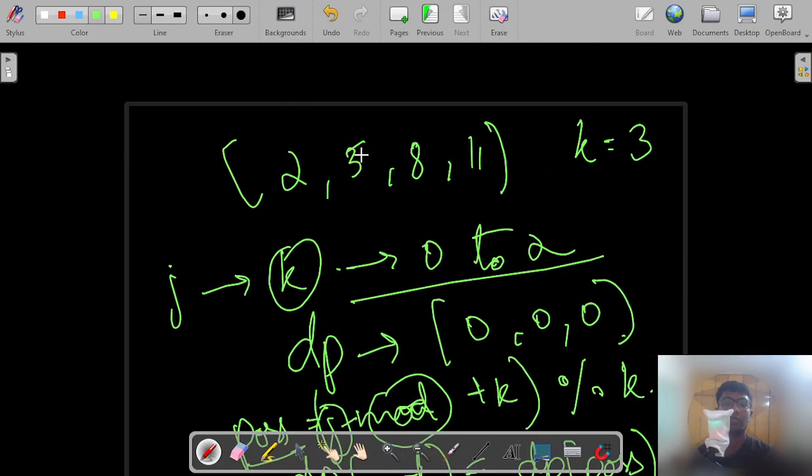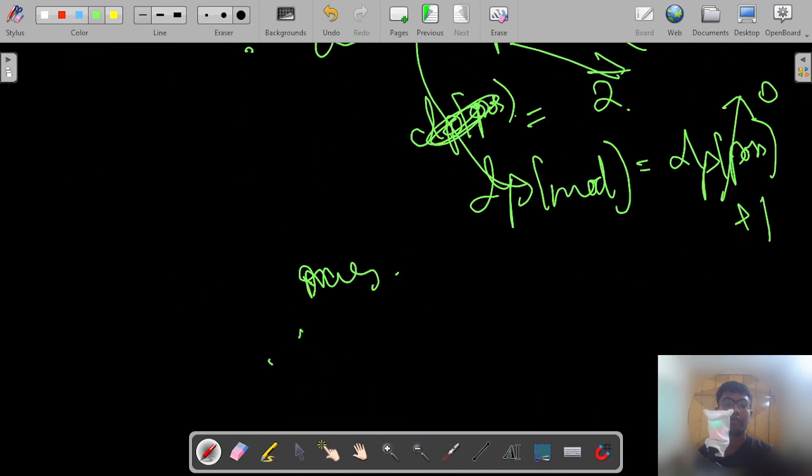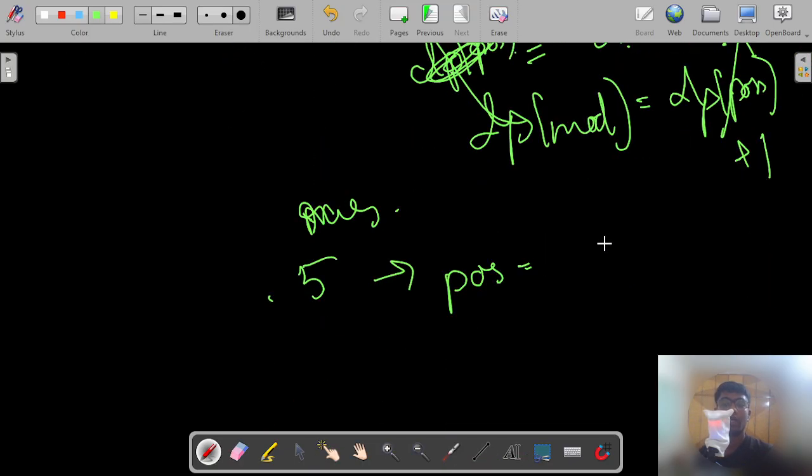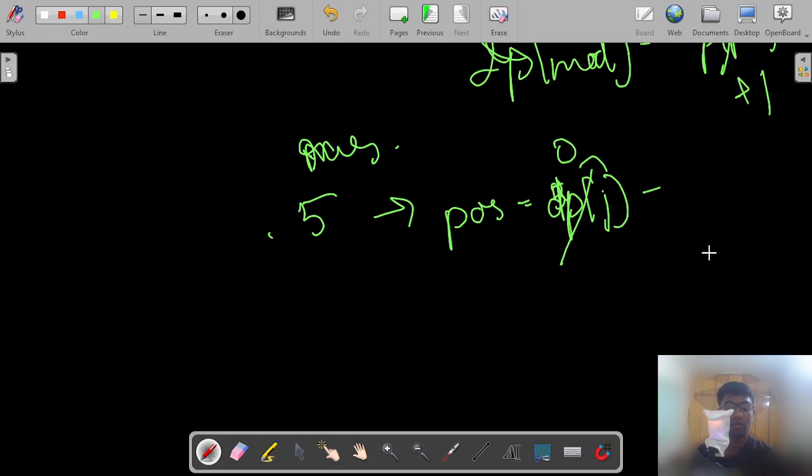So the next value is 5. With 5, we do the same thing. We calculate position, which was 5 mod dp of j, which was 0, and it would be 0 minus 2.